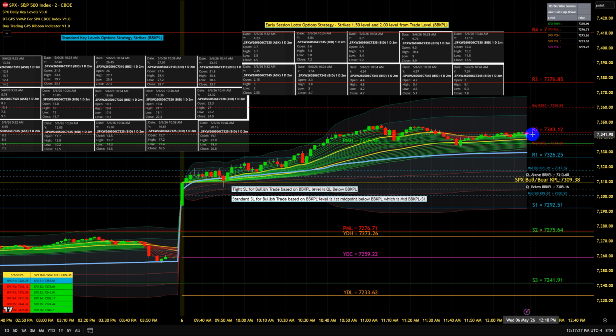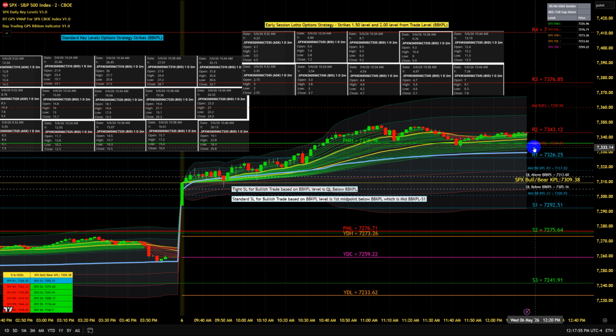The reason why a 2-level target is called the minimum ideal target is because in 80% or so of the sessions in a normal year and normal volatility environment for SPX, a 2-level extension above or below the bull bear KPL in any given session is going to be the extent of a move.